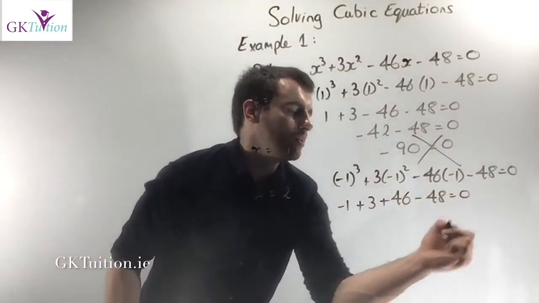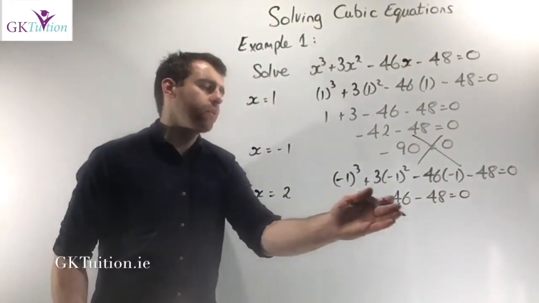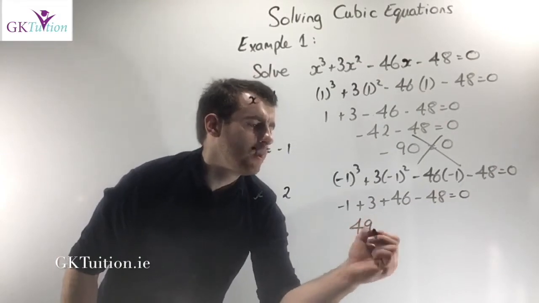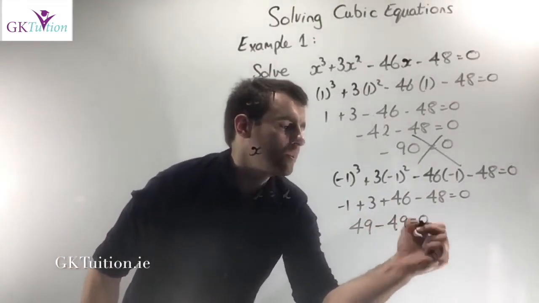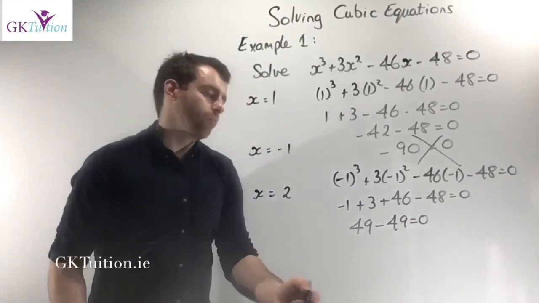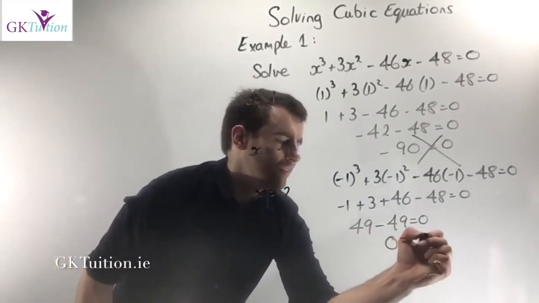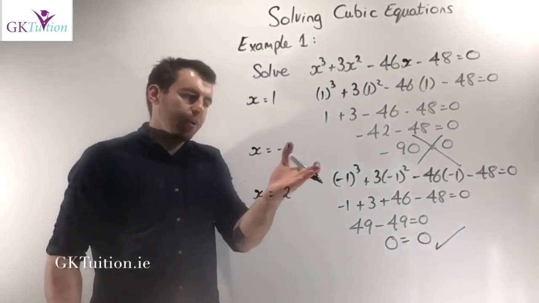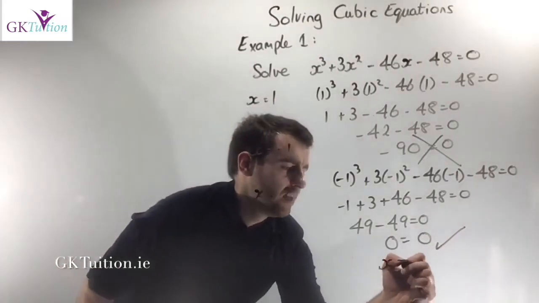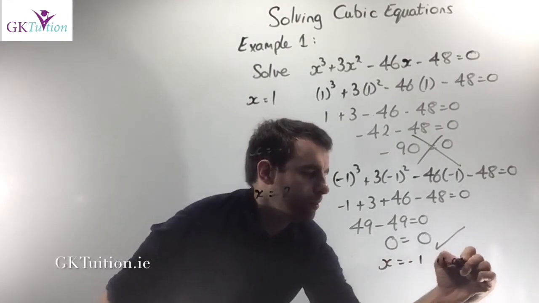Minus 48 equals 0. Here I have 3 plus 46, which is 49. I have minus 1 minus 48, which is minus 49 equals 0. So I'm happy enough with this one. I'd finish this off by saying that 0 equals 0. So that one is true. And by now I can conclude that x equals minus 1 is a root.